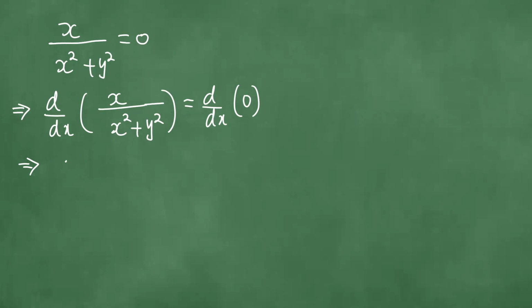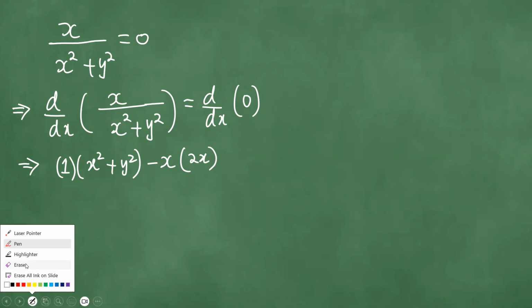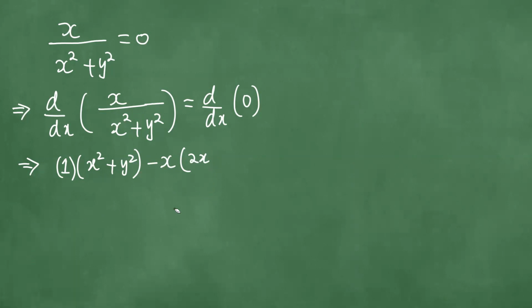The derivative of x is the number 1, and we have x squared plus y squared minus x times the derivative of that one, which is twice x. But we are adding something extra because we are using implicit differentiation.